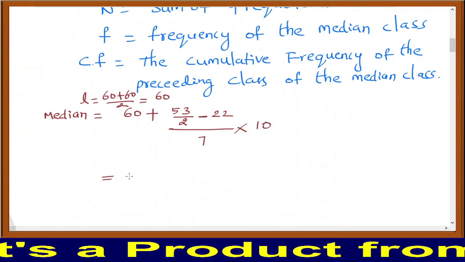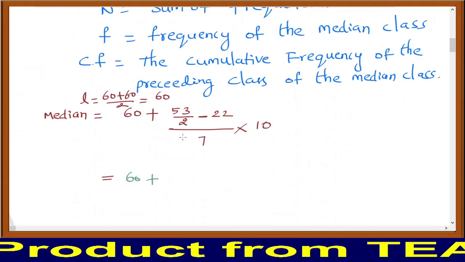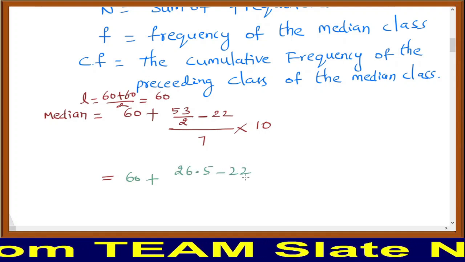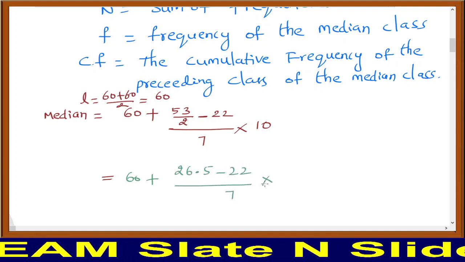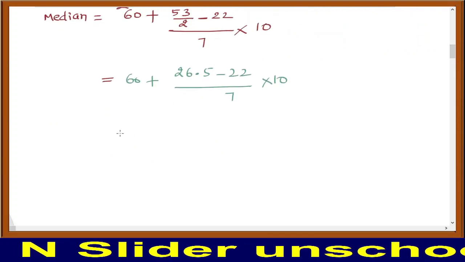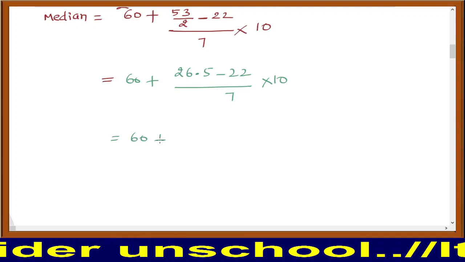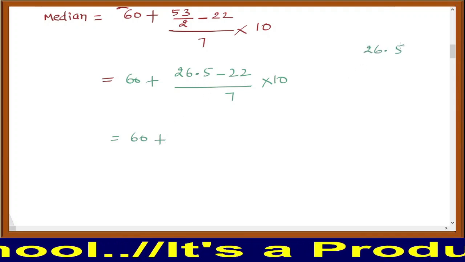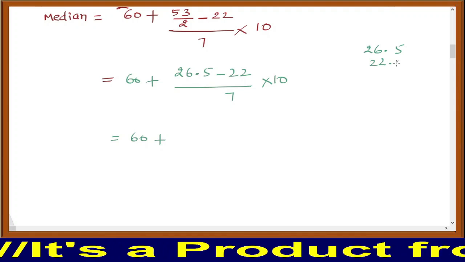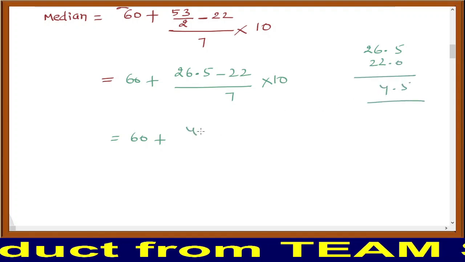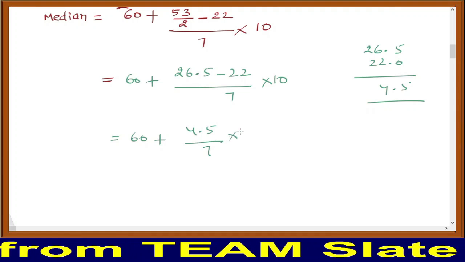By simplifying we get 60 plus 53 by 2, that is 26.5, minus 22, by 7, into 10. So, simplify. 60 plus 26.5 minus 22, you have to subtract: 22 means 22.0, and 26.5 minus 22.0 is 4.5. So, 4.5 by 7 into 10.